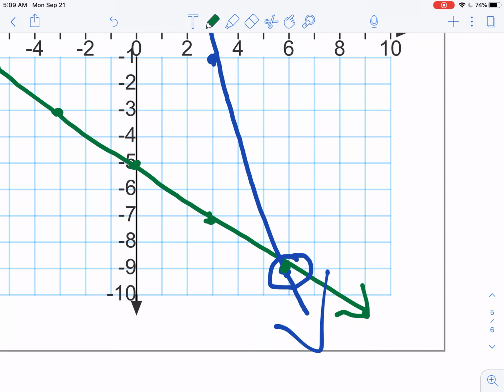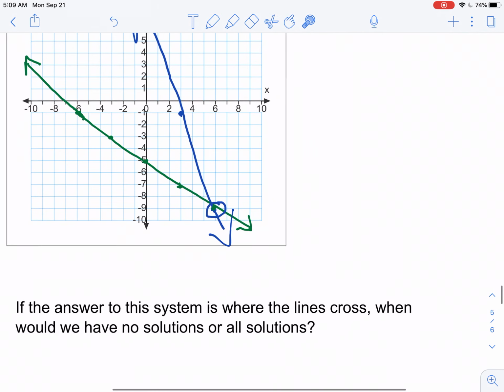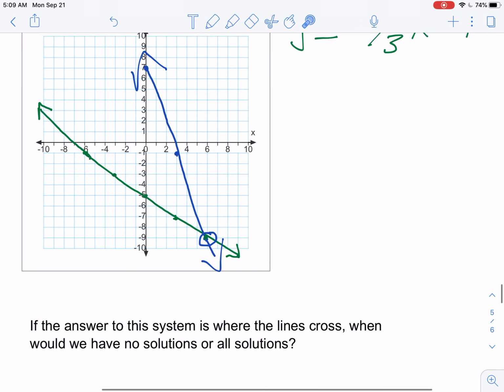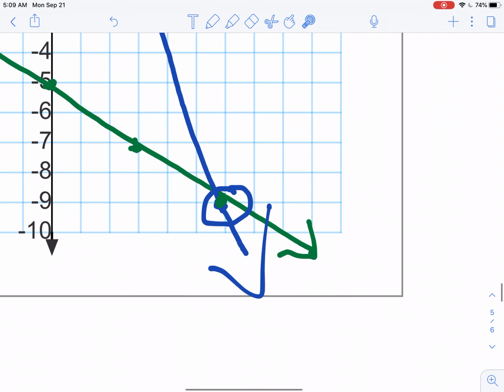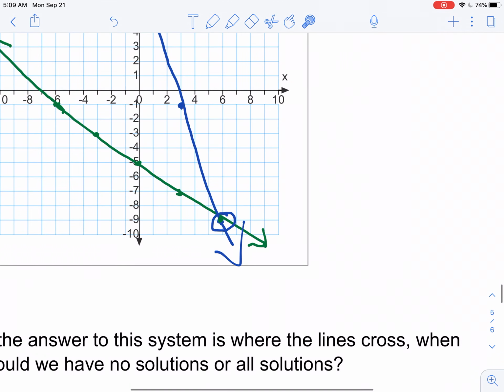So we're going to see that both our lines go through that point. That's super important because solving systems of equations, what that tells us is where our answer is. So it's going to have an answer of x is 6, and then y is negative 9. So let's write that down.